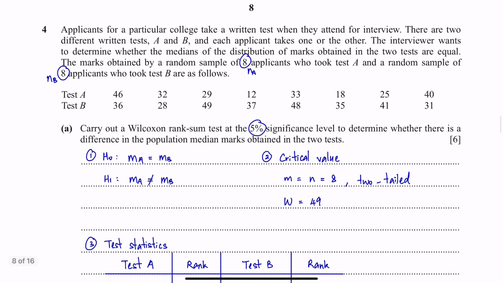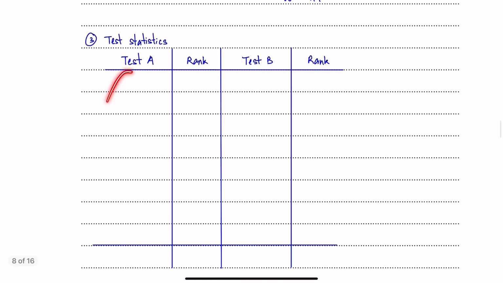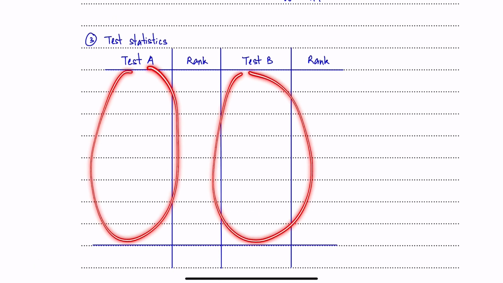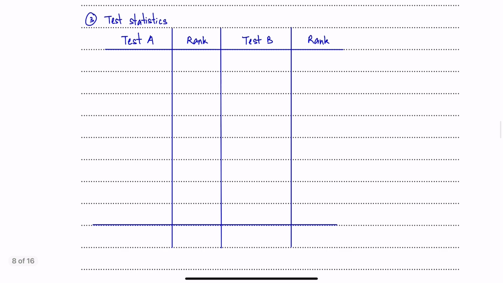So now we can copy all these values into this table here. Alright, so for test A we have 46, 32, 29, 12, 33, 18, 25, and 40.